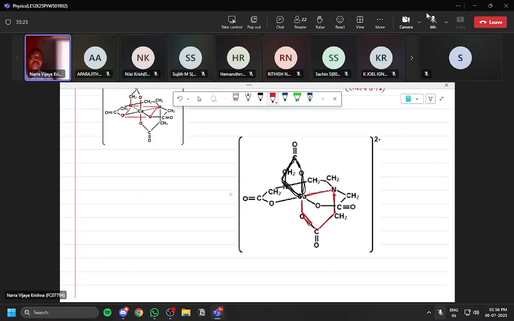Next, this oxygen, this carbon, nitrogen, and this one. This is another ring. Then this forms another ring. This, up to this nitrogen, forms one more ring. So 1, 2, 3, 4. This is another ring.